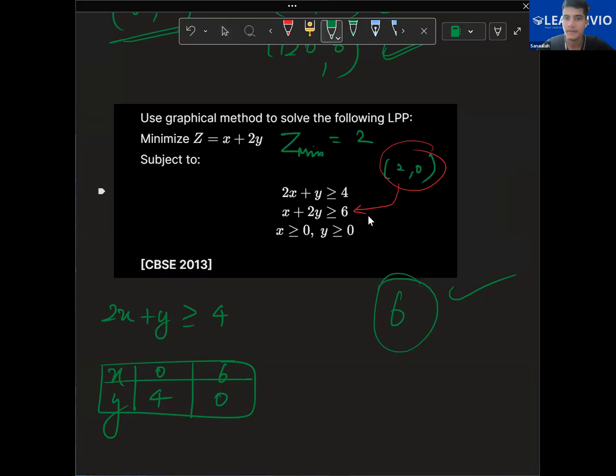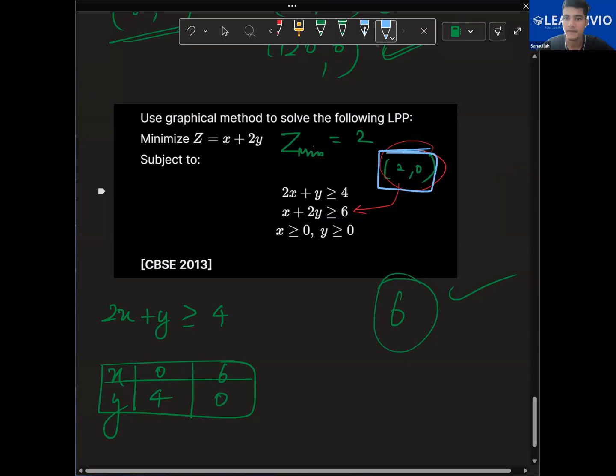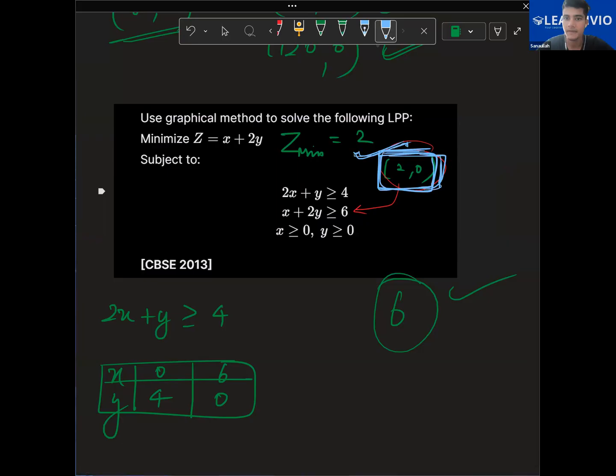And do one more thing. At the last, after getting your minimum or maximum value as per the question, whatever it is required, please put that point in your constraints. If you don't, you will think that this 2 is the right answer, है ना?